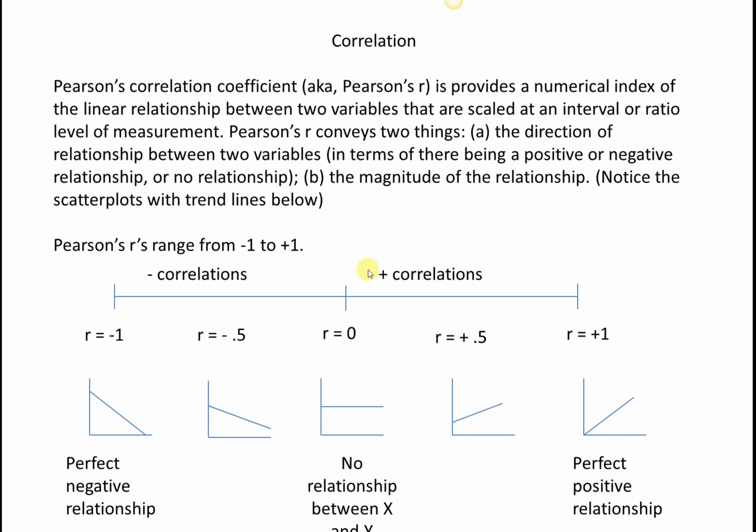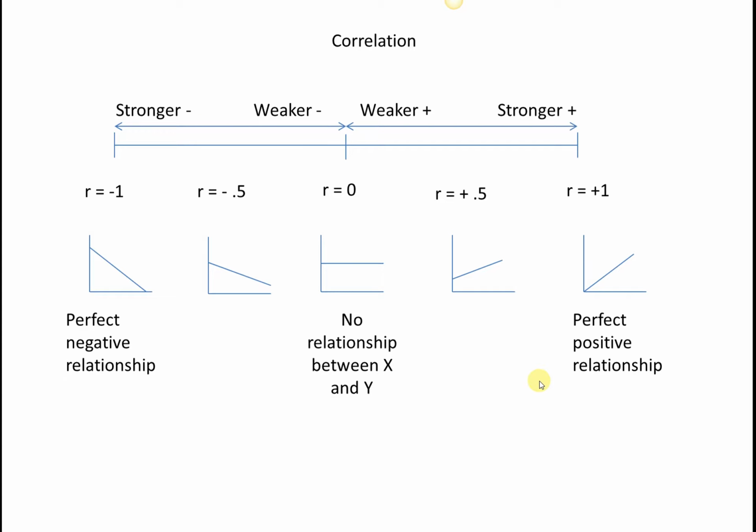As we move closer to 1 or -1, the relationship between the two variables is becoming increasingly strong. So this is what's being denoted basically right here. As we move towards -1 or +1, that's denoting a stronger relationship between two variables. As we move closer to 0, that's depicting a weaker relationship.